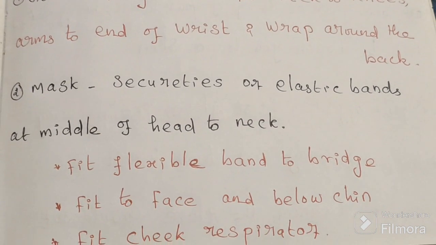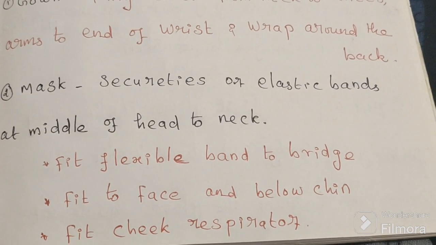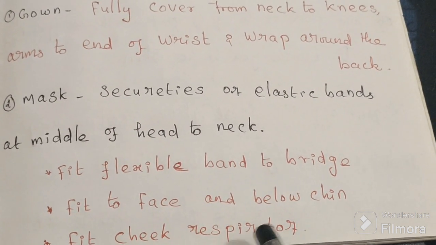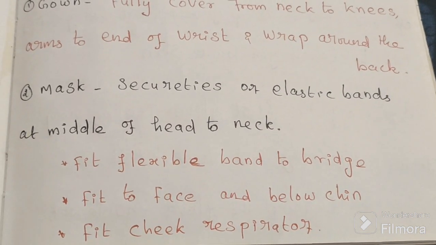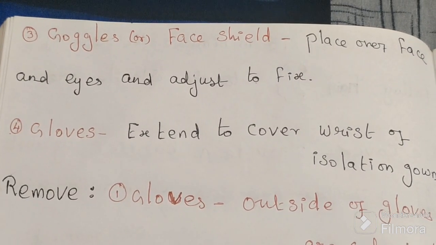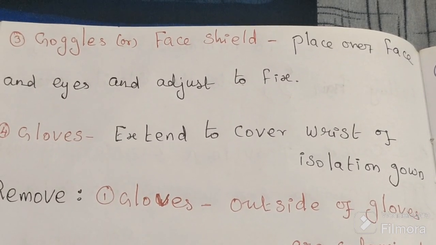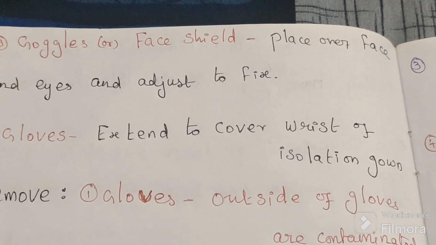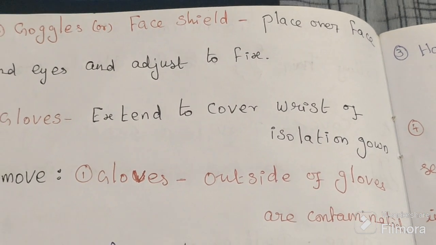Second one is the mask. Fit the flexible band to the bridge of the nose, then fit the face and below the chin, then fit check the respirator. Then goggles or face shield: place over face and eyes, adjust to fit. Then gloves extend to cover the wrist of the isolation gown.